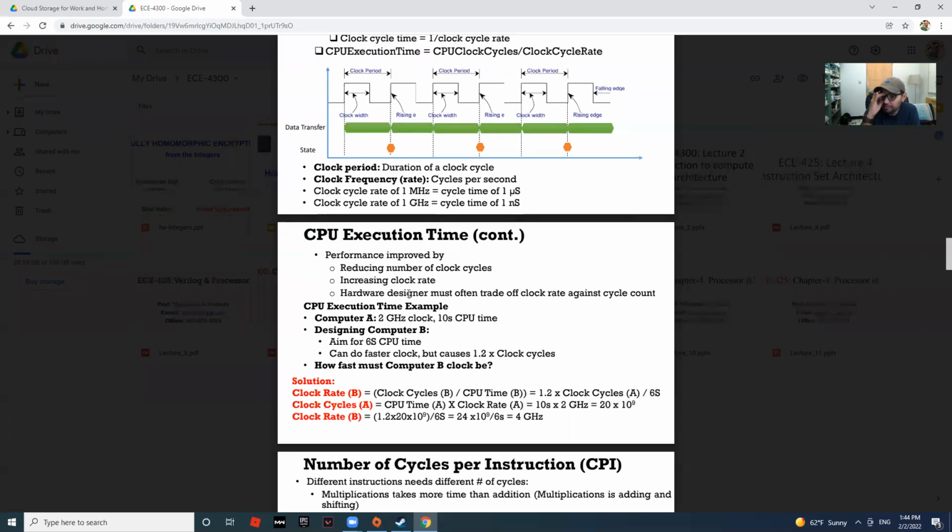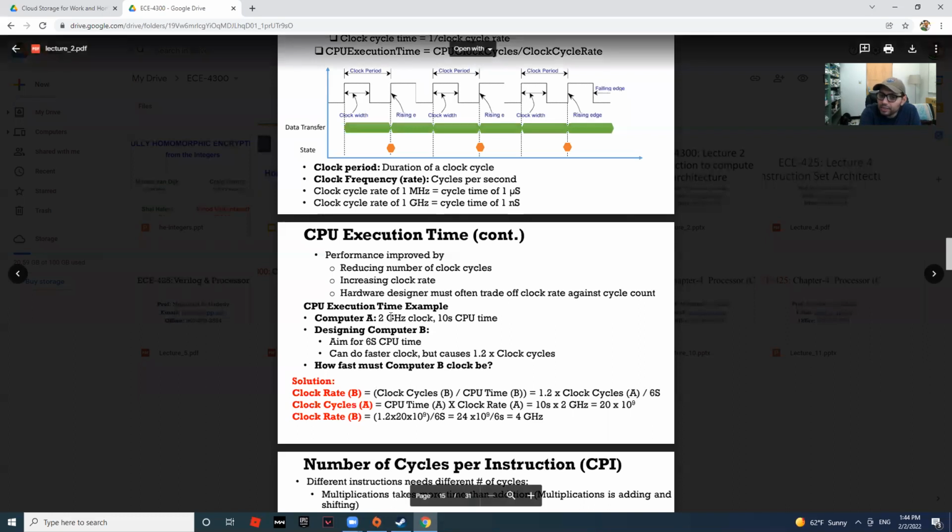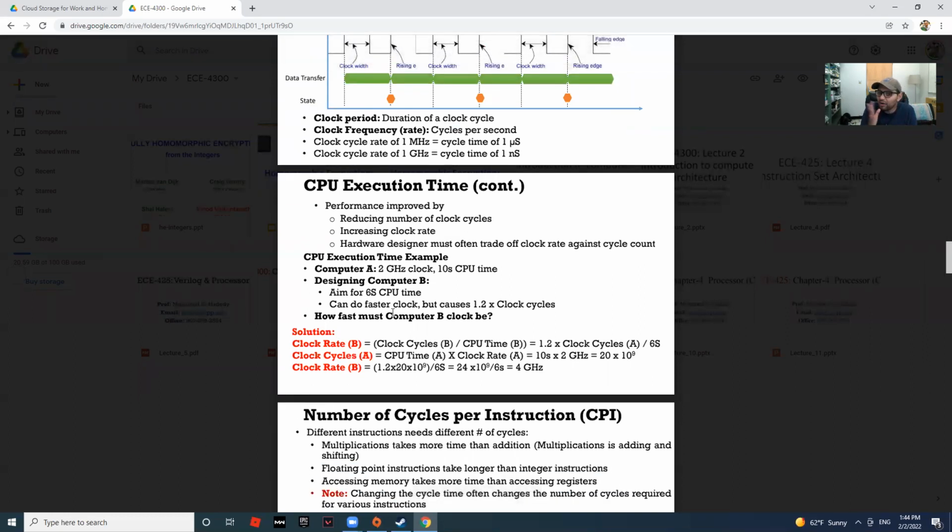Let's have an example. CPU execution time. If I have a computer A running at a clock rate of 2 gigahertz, and the CPU time, that means the CPU execution time, is 10 seconds, while I'm designing computer B to have an execution time of 6 seconds, right?